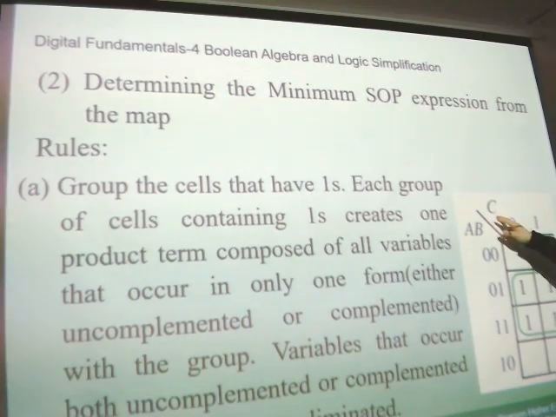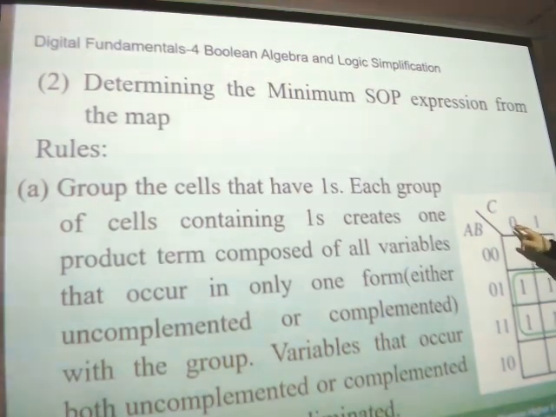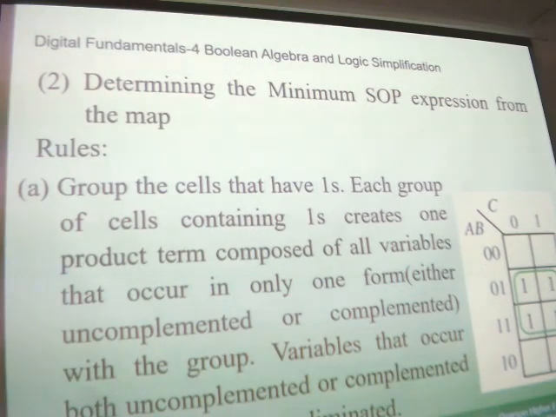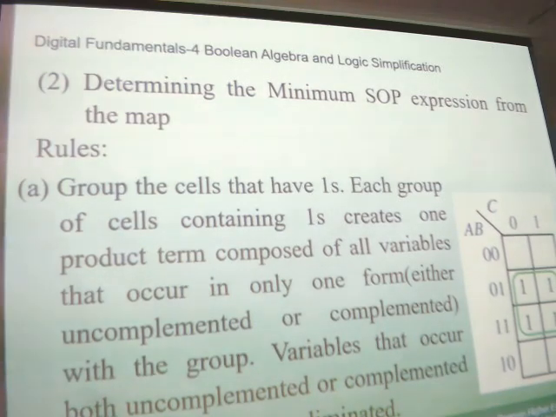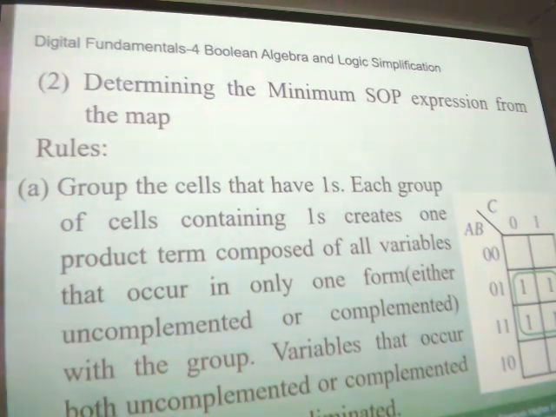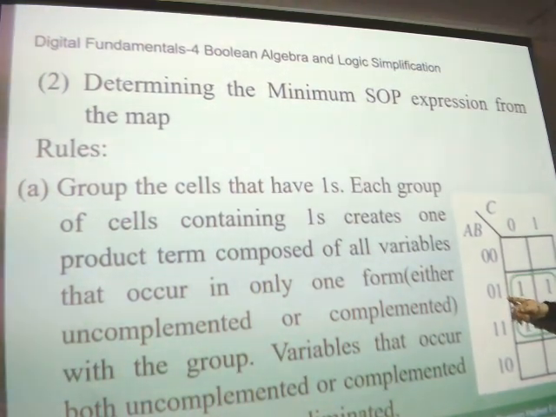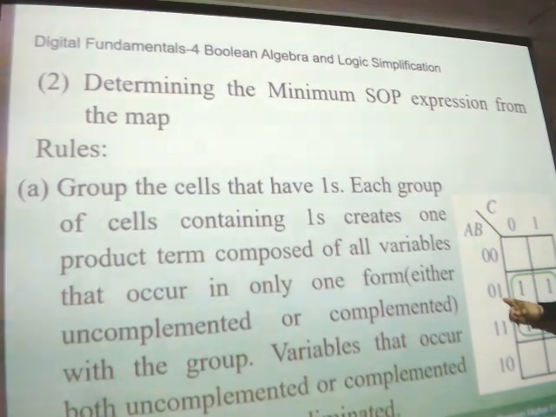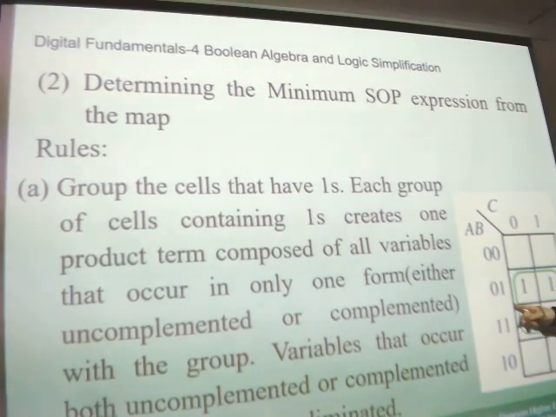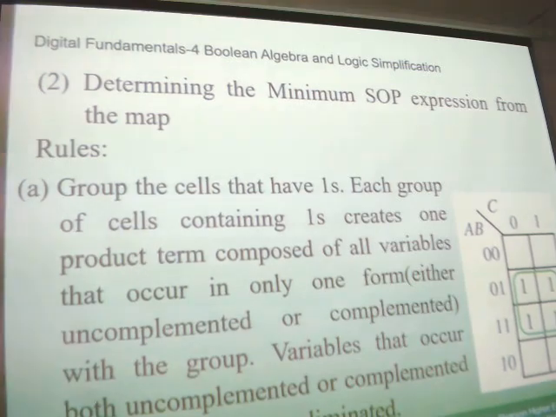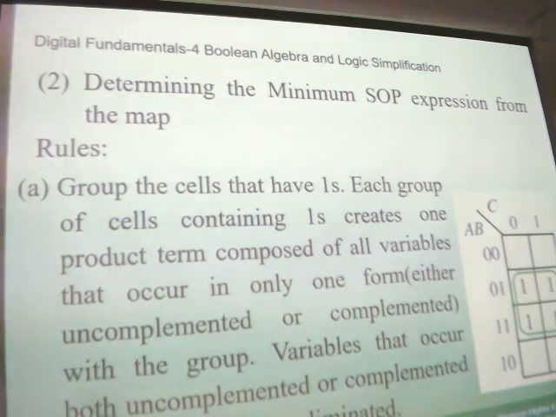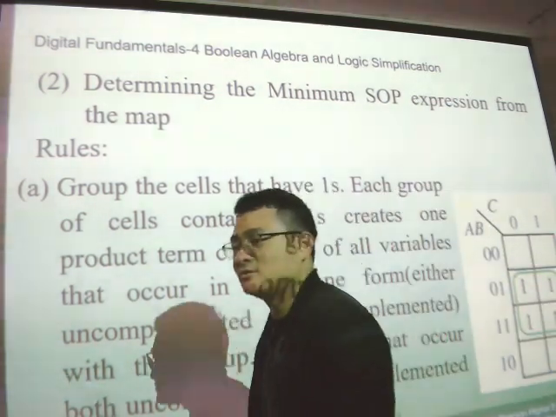For C, it occurs in 0 and 1. So the two variables are eliminated. Only B equals 1. So the product term of this group is B. Understand?